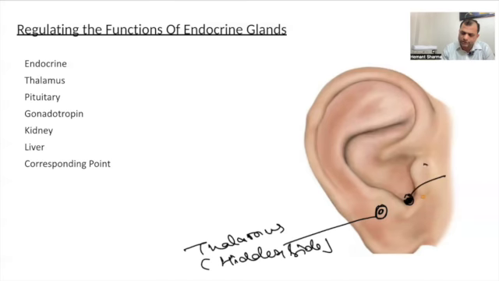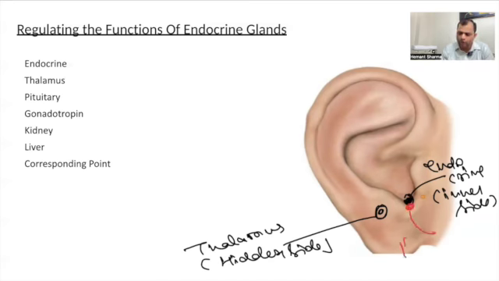And this is the endocrine, on the inner side. And little outer side, this will be the location of pituitary. ये हमारे पिट्यूटरी पॉइंट की लोकेशन है. So this is the location of pituitary.